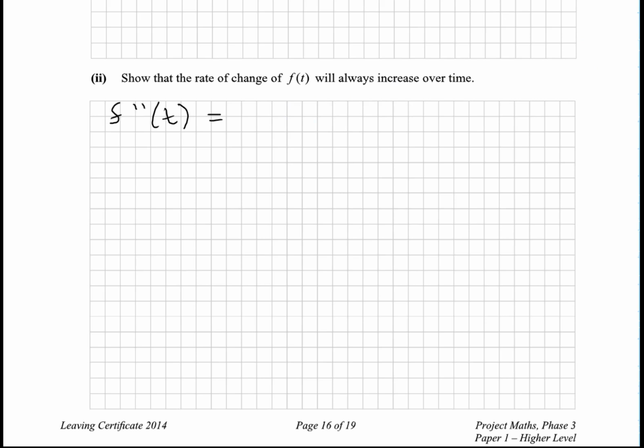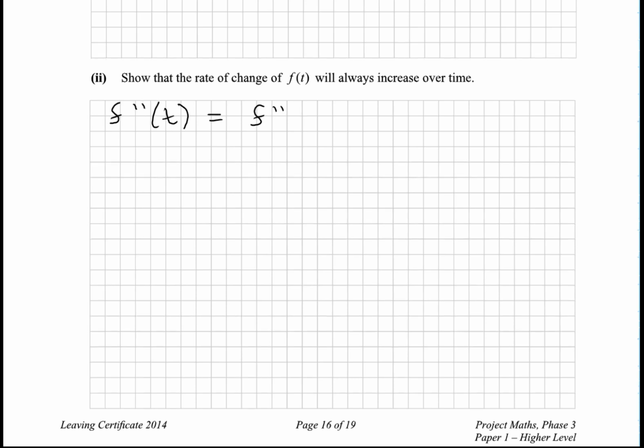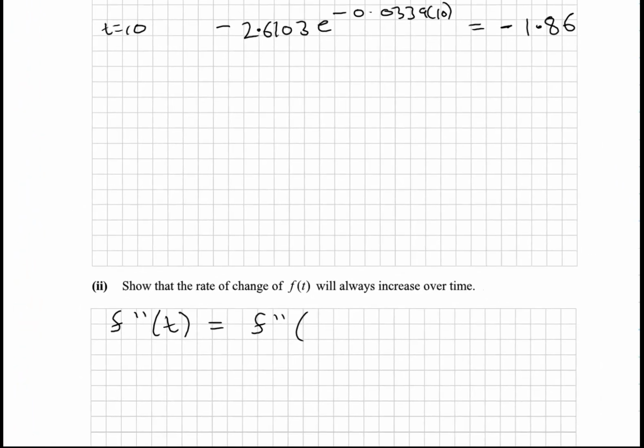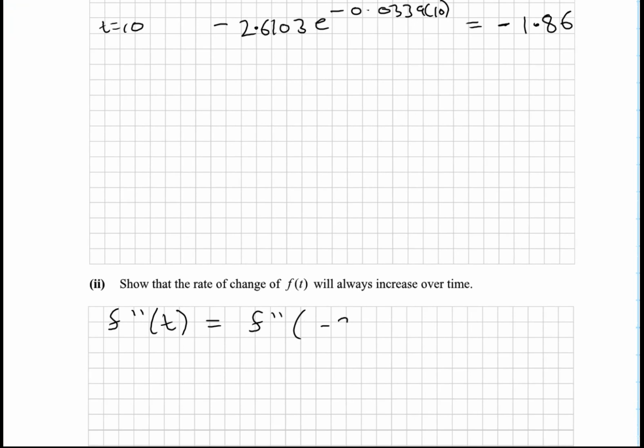So if we were to get f double dash of t, and our equation was minus 2.6103 e to the minus 0.0339 t.